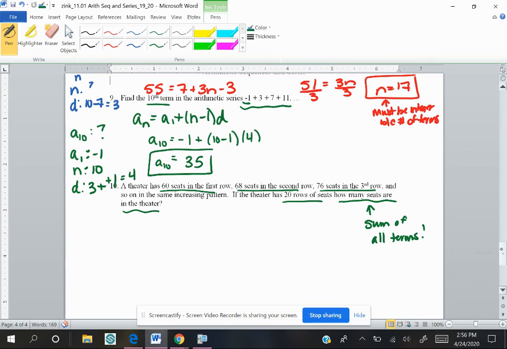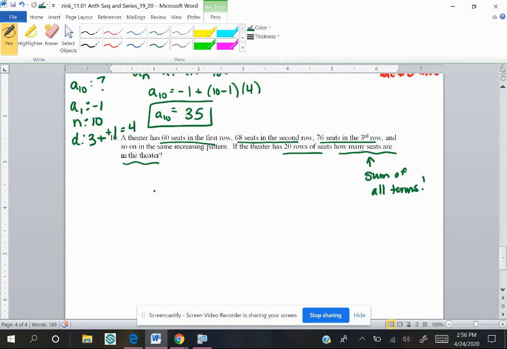So if we're looking for the sum, we can't avoid that sum formula. Just so you get an idea of what we're talking about, this is like saying 60 is your first term, 68 is your second term, 76 is your third term. It's going to continue until your 20th number. So we're going to use our sum formula, n over 2 times a sub 1 plus a sub n. Try to keep it consistent for you guys.